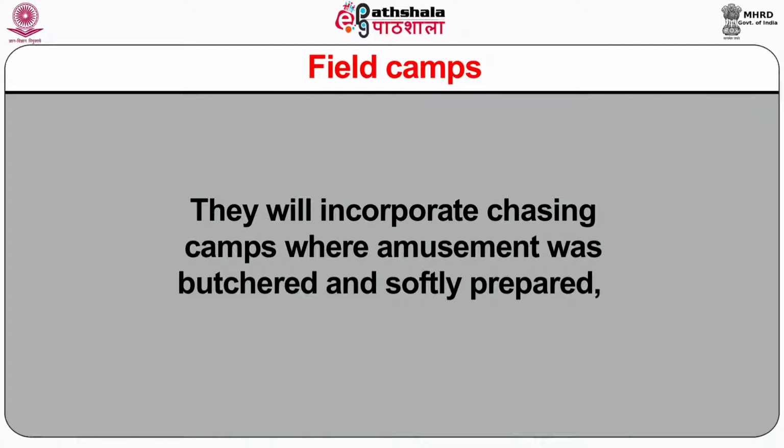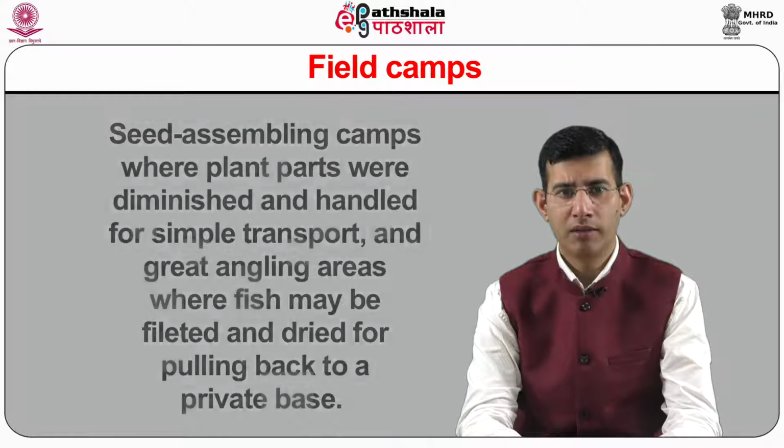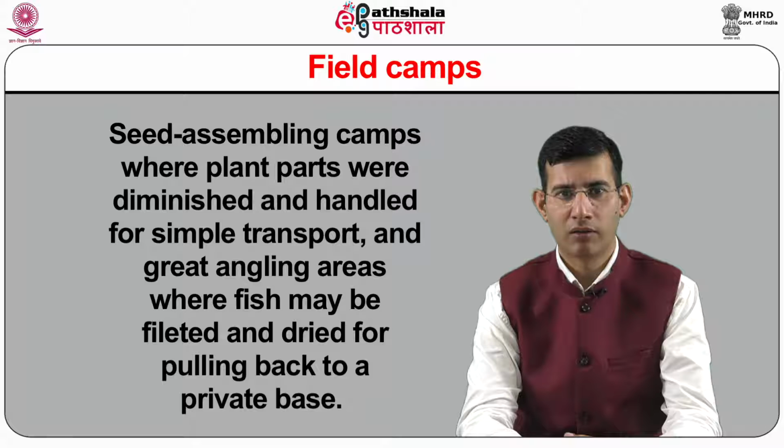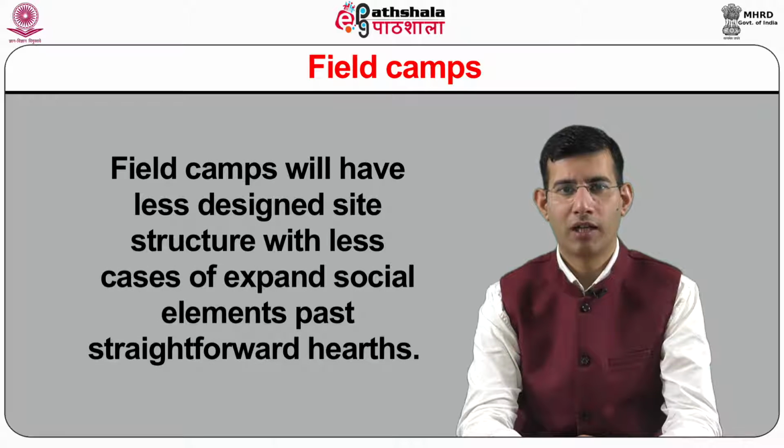They will include hunting camps where game was butchered and lightly processed, seed gathering camps where plant parts were reduced and processed for easy transport, and good fishing locations where fish may be filleted and dried for carrying back to a residential base.